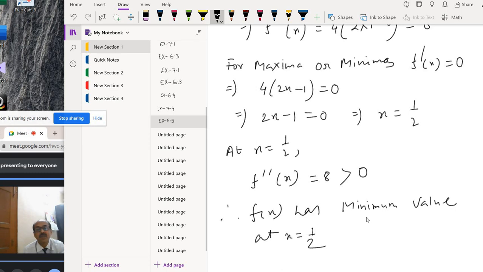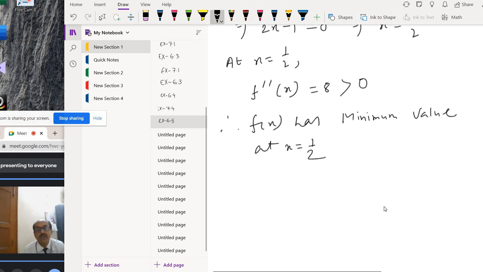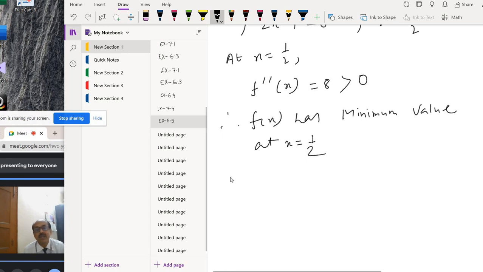Now what is the minimum value? So put x equal to half in the given function. Minimum value equal to, put x equal to 1 by 2.